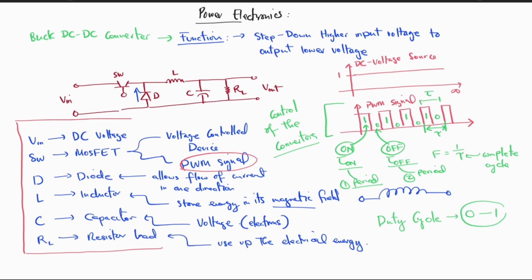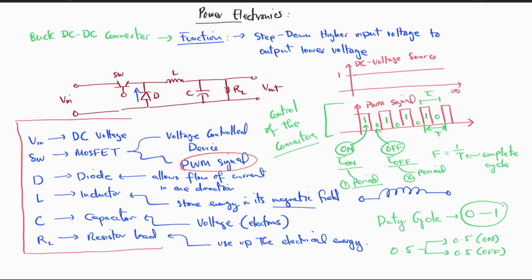And this duty cycle is responsible for varying the turn off and the turn on period of the PWM signal. If we have a duty cycle of 0.5, we will have the period for the turn on time, which will be 0.5, and for the turn off we will have 0.5.